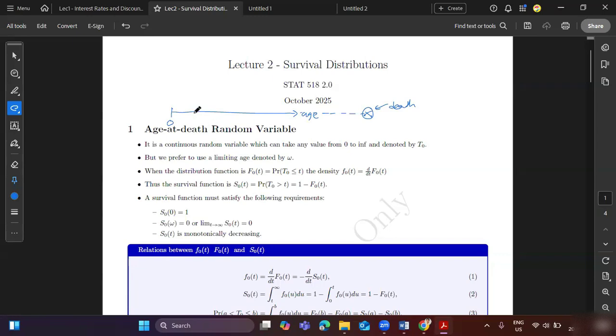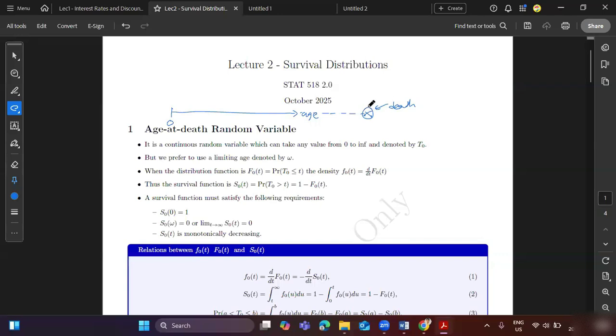We don't know that much. So from 0 to the time of death, we have a length of stay, and we can call that measurement, the length of that stay, the time to death.